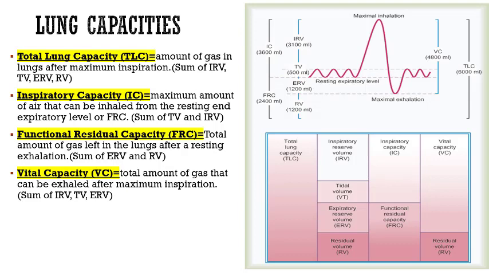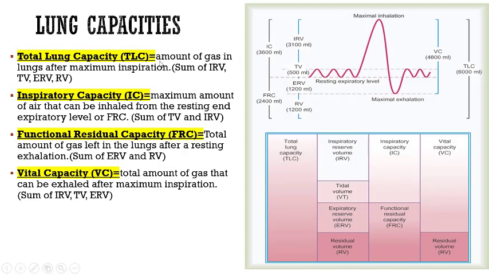Your inspiratory capacity is the maximum amount of air that can be inhaled from the resting expiratory level, or FRC, which we'll define here in a second. But basically your inspiratory capacity is your tidal volume and your inspiratory reserve volume. I feel like the wording on these is just a little obnoxious when you think about how many of them say the maximum amount of air after inhalation.